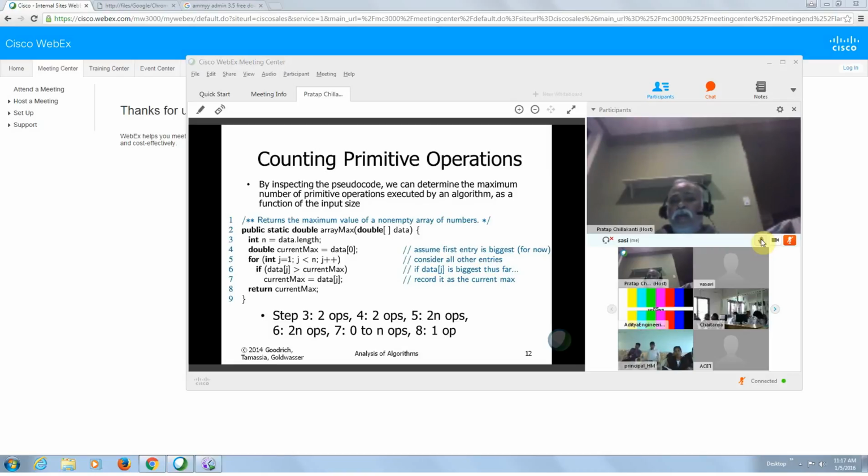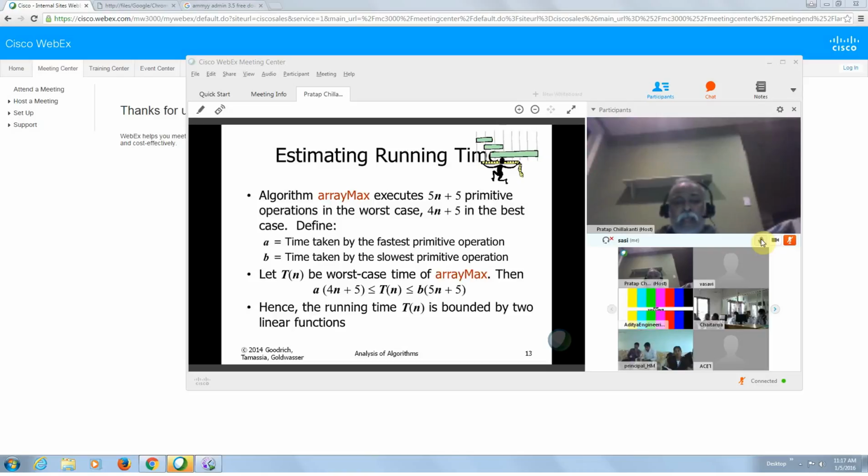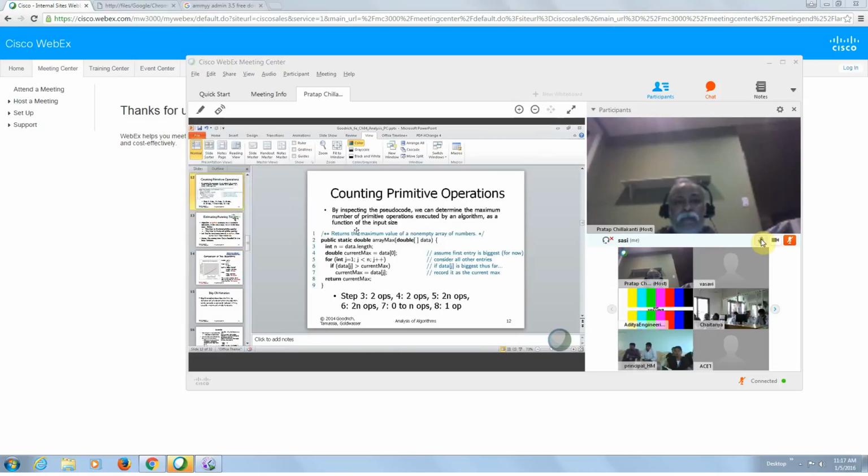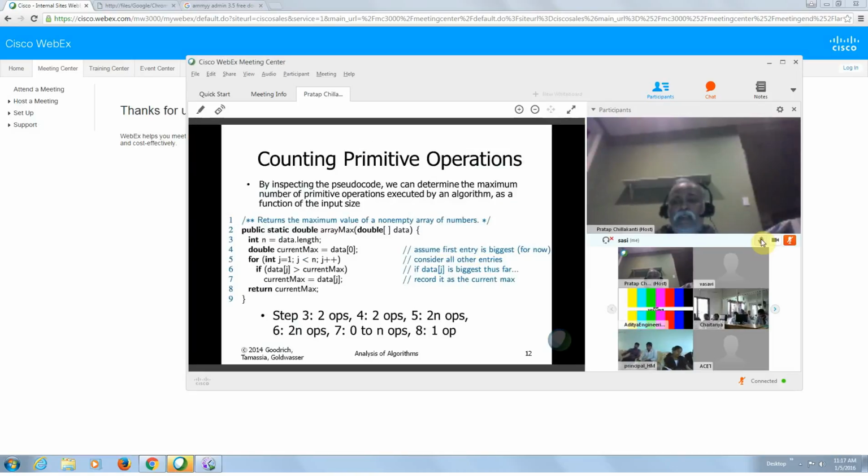So here is a block of code and then you are literally going through these steps and counting the number of operations.